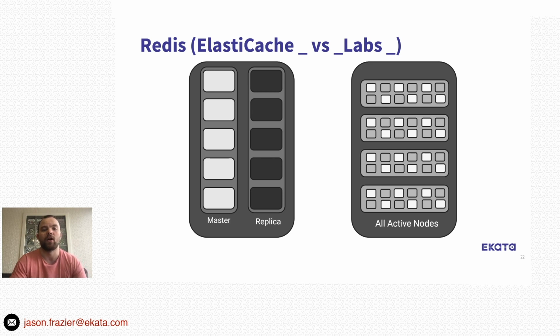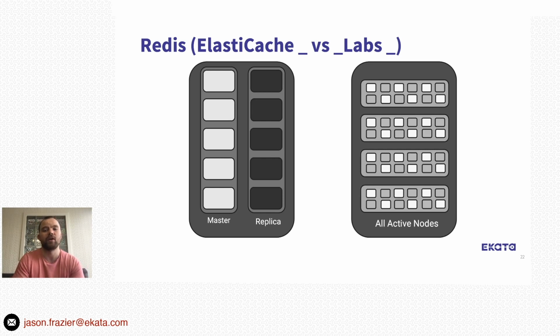All of your replica nodes just sat idle in case a failover was going to happen. We had 15 master nodes and 15 replica nodes. All the master nodes were serving production traffic, and all the replica nodes were just sitting there idle, eating up money, just in case something happened to fail over.